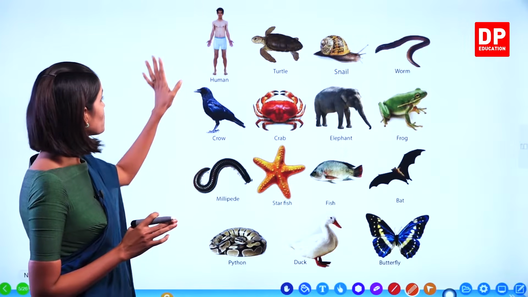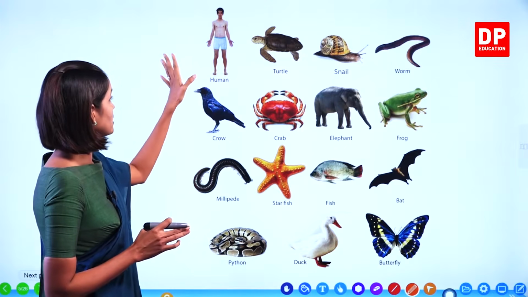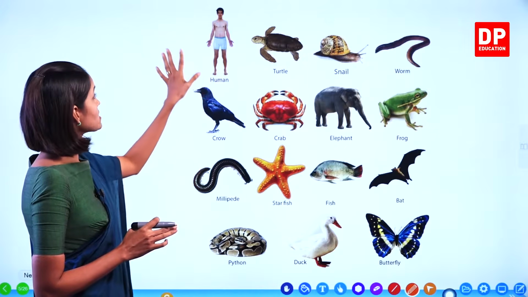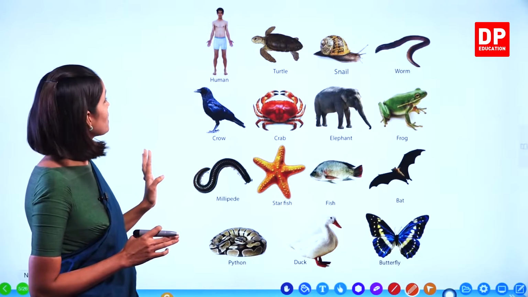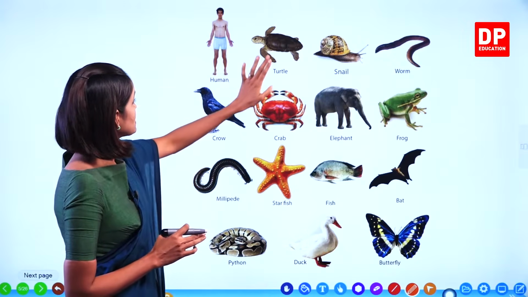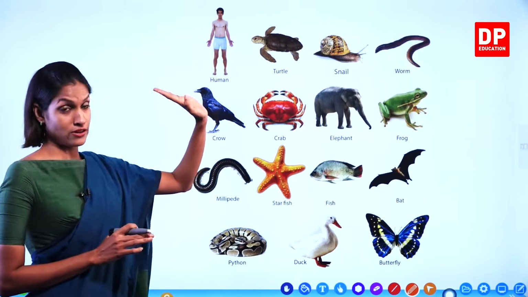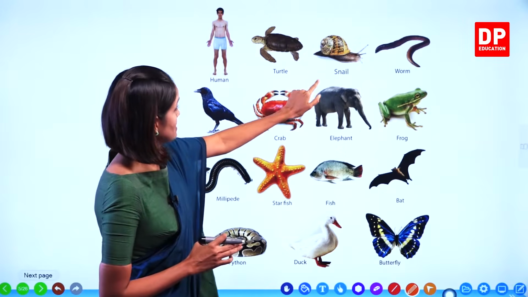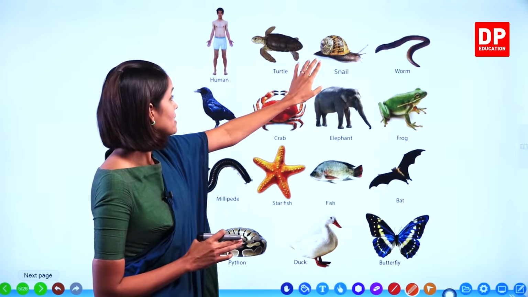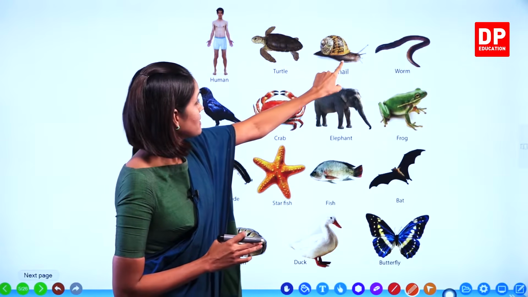Okay, we'll start from the human. Humans have 2 legs and 2 arms. And what about the turtle? The turtle has a shell, right? Its body is covered with a shell. The snail also has a shell, but look at this one.